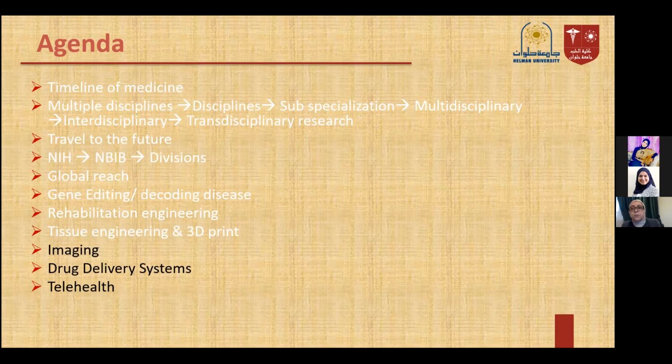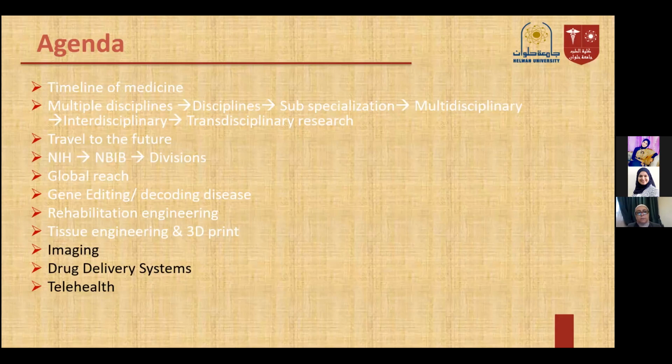And then we travel through the future through the research projects that are granted by the National Institutes of Health. We have the gene editing, we have decoding of the disease, and we know that there is the somatic cell genome project, which is a major project funded by the National Institutes of Health.